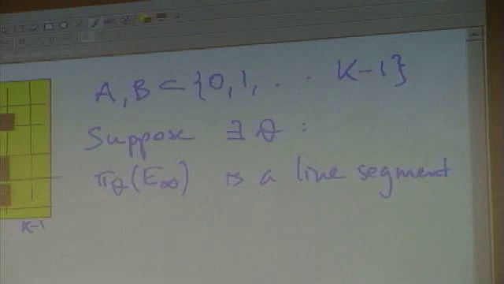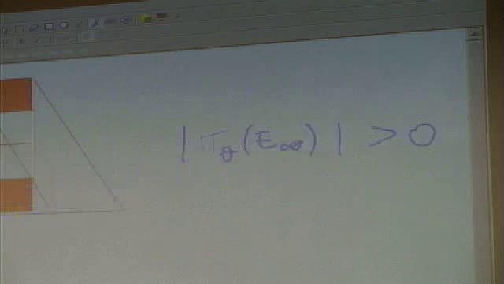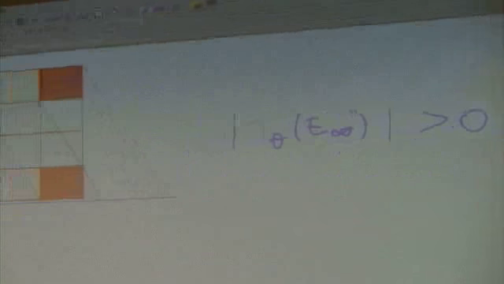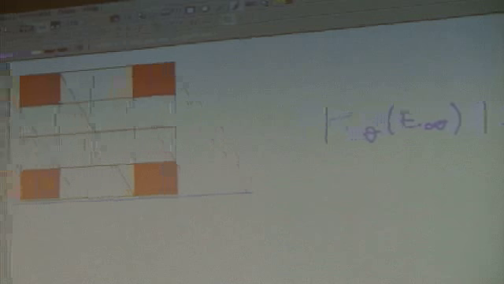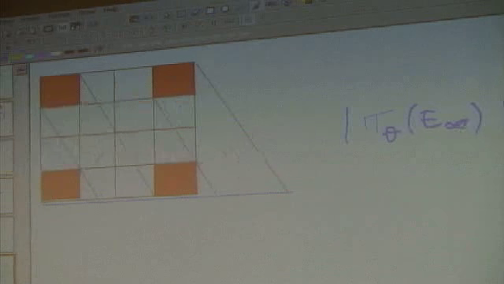So that would be a case like what we have seen here with the four-corner set. That's just a special case of what we're doing.